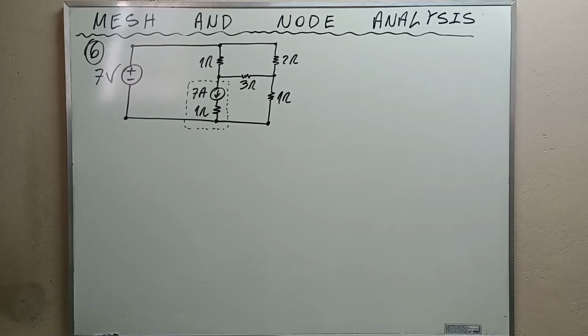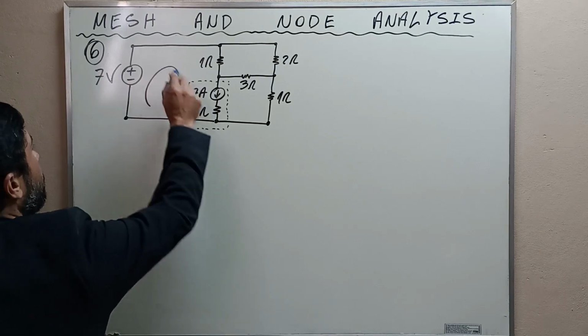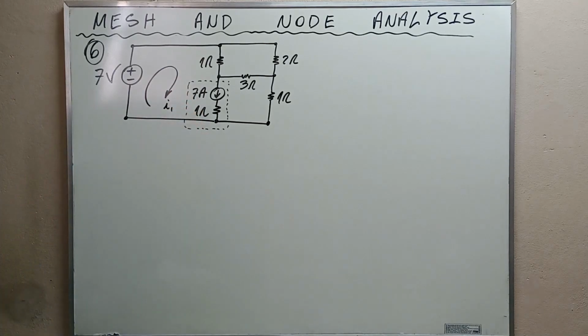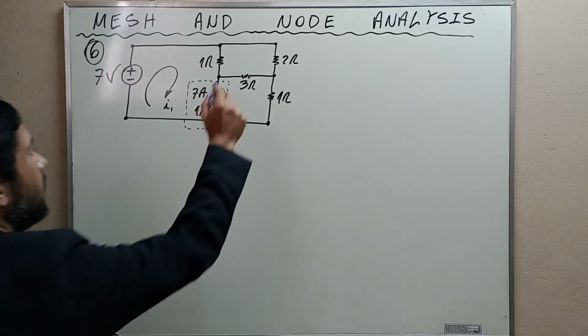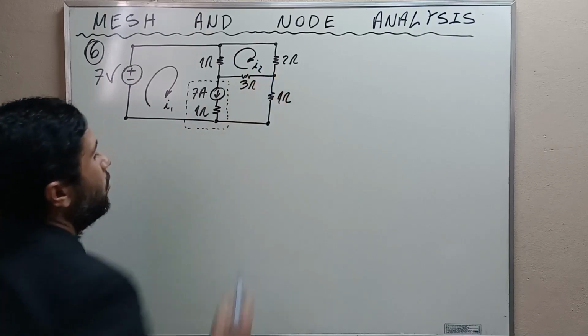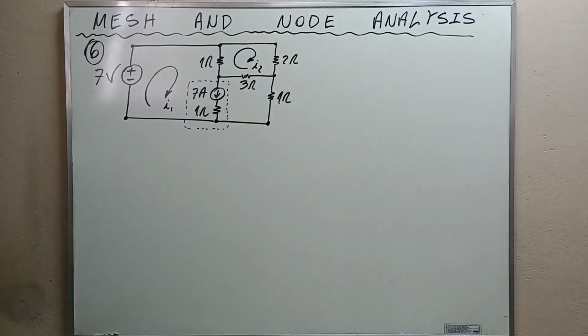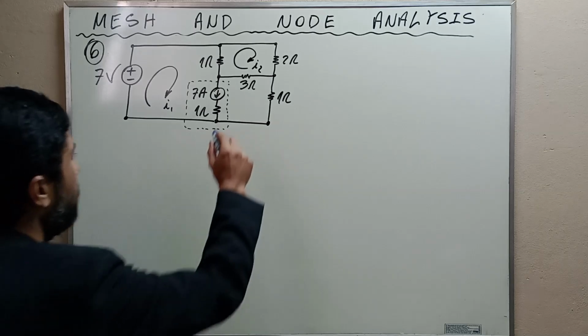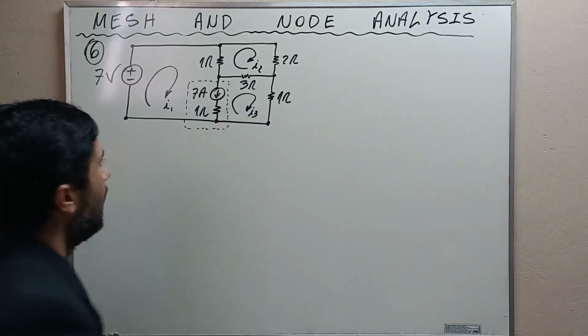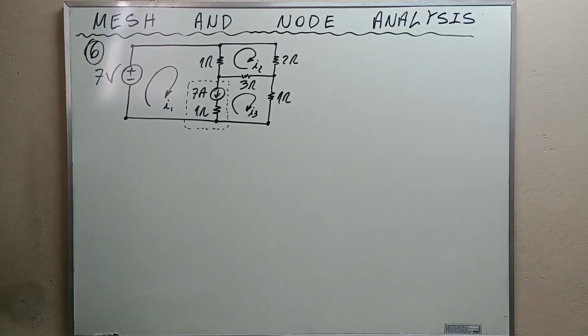And to calculate what the exercise wants us to calculate, let's use some labels. I'm going to call the current here I1. I'm going to call the current here I2. And I'm going to call the current here I3, okay?